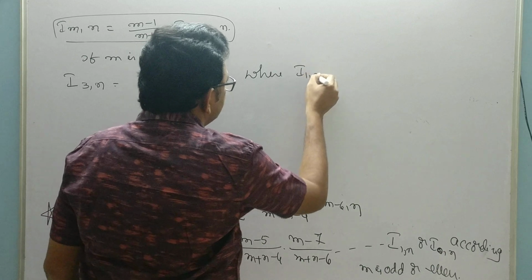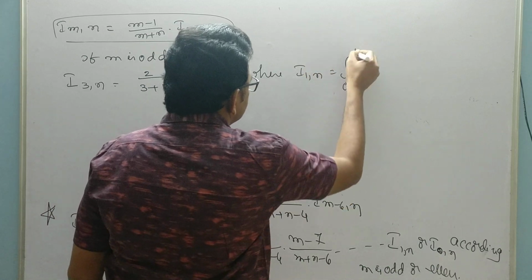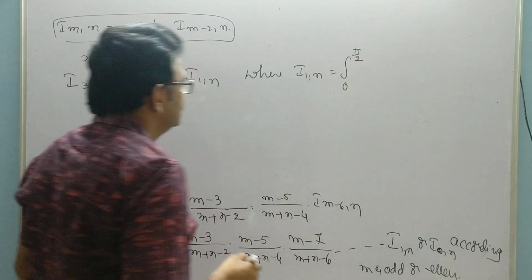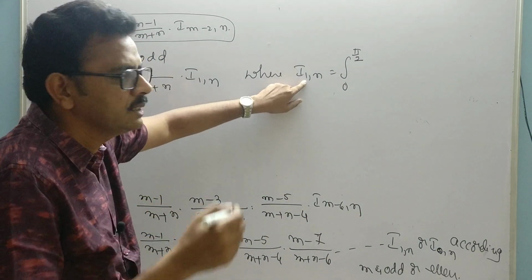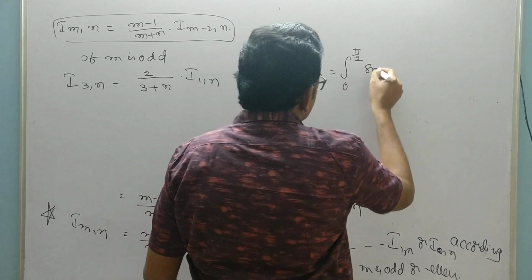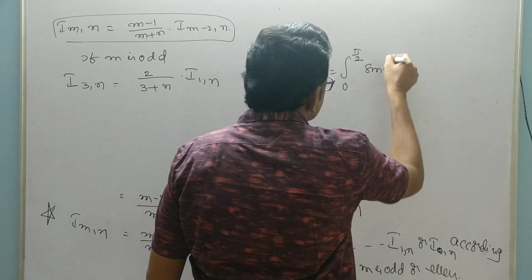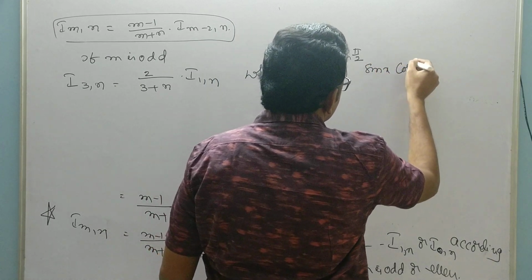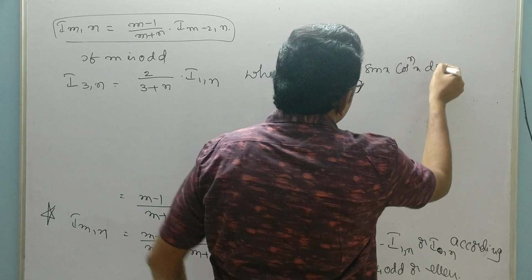Where I(1, n) is equal to the integral from 0 to pi by 2. I(1, n) means in place of m you write 1: sin power 1 x into cos power n x dx.